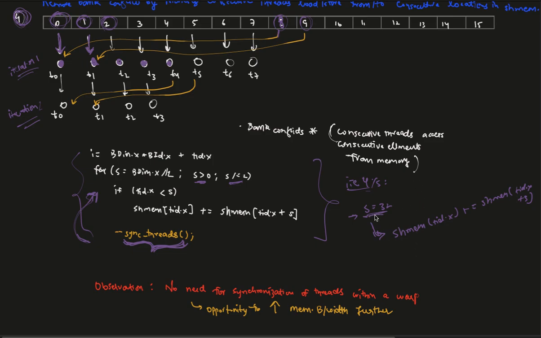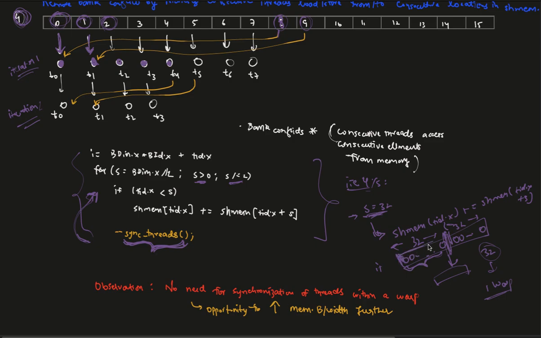When s is equal to 32, we have data here and data here. In this iteration, we have a reduction from 64 elements to 32 elements, but we use just 32 threads. That is, we just use one warp of threads.